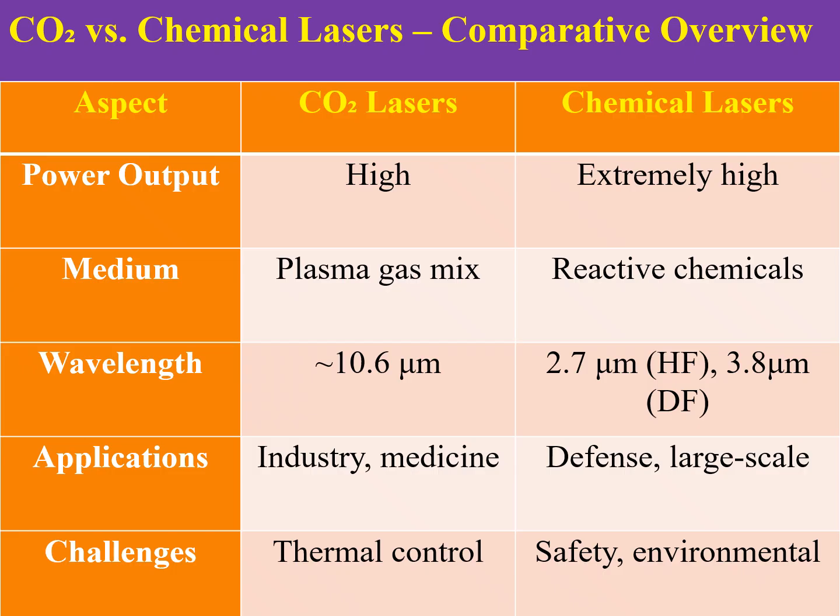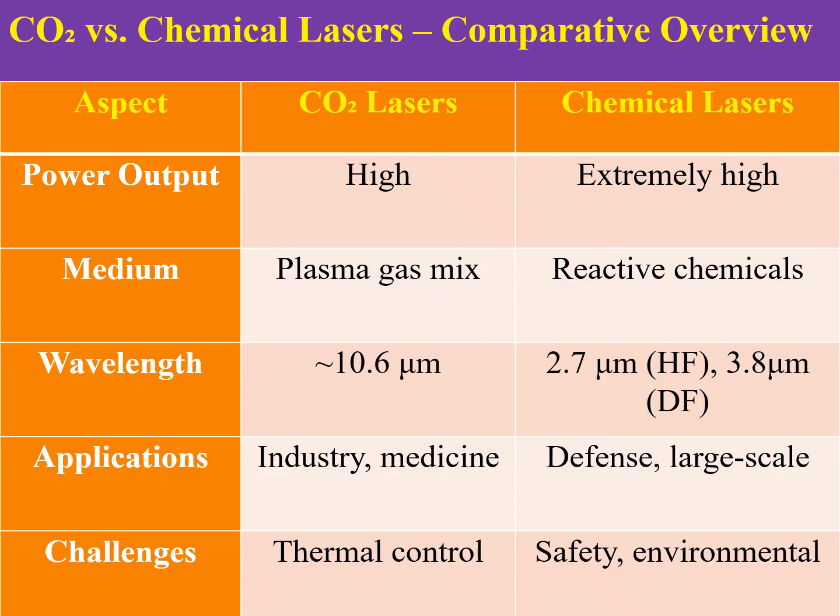Here I have provided you a table to compare these two different kinds of lasers. About the output power, CO2 lasers have a high output power, but chemical lasers have an extremely high output power. The medium in CO2 lasers is a plasma gaseous mixture, but chemical lasers use reactive chemicals, and we work with reactive chemicals.